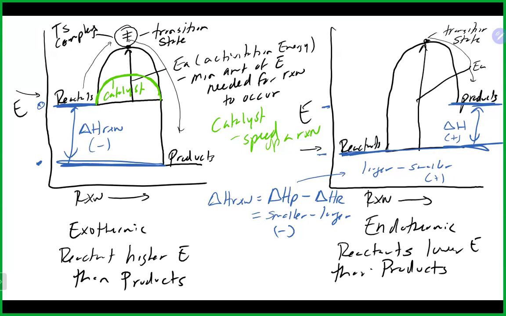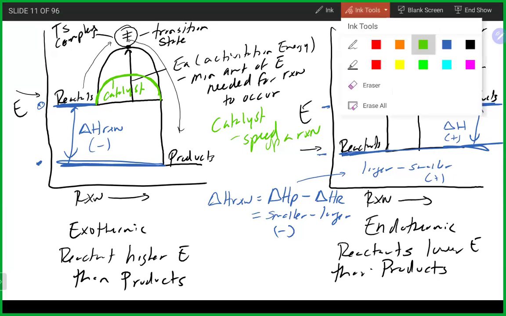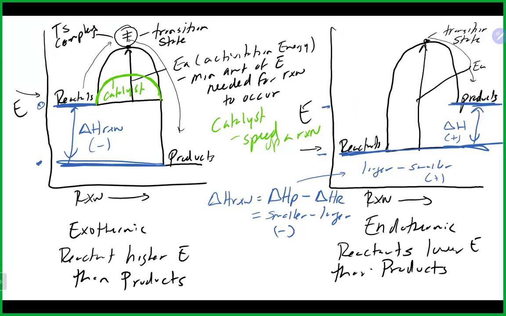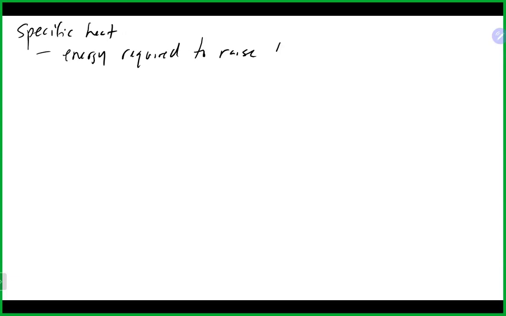Then the main energy calculation that we did in this chapter really was the idea of specific heat. Specific heat is really the energy required to raise 1 gram of a substance by 1 degree Celsius.